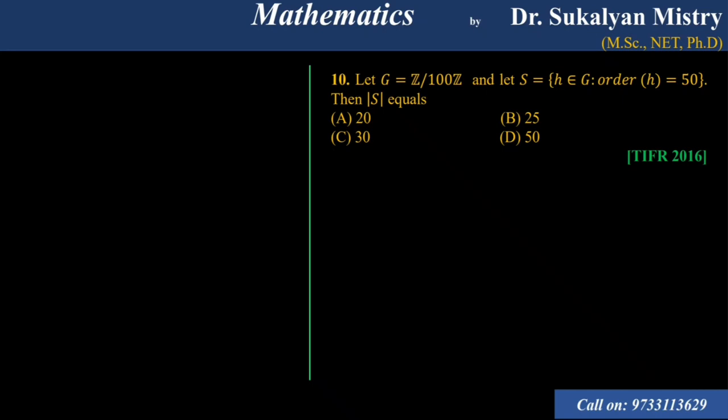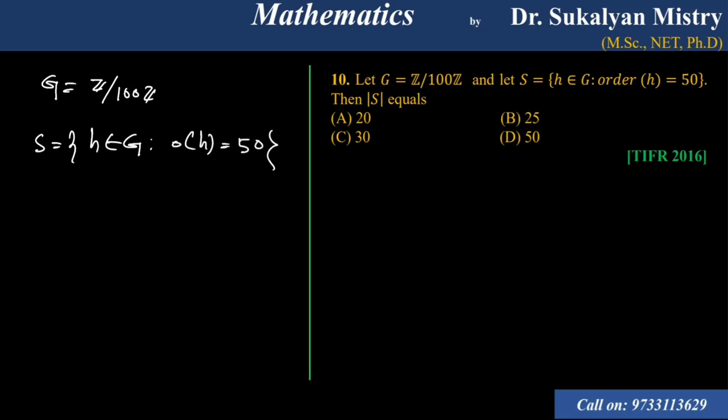Let G be equal to Z/100Z, and let S be the set of H belonging to G such that the order of H is equal to 50.